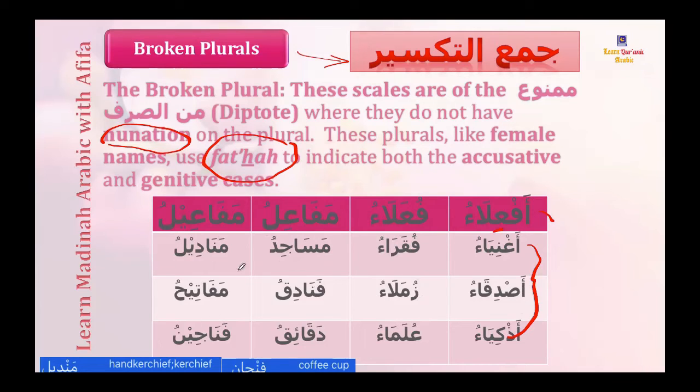And then these words follow this pattern. Mafa'ilu. It's the exact same one as this one, except it has a ya here. So again, this is a lot of patterns. You're not expected to memorize everything, just expected to kind of recognize them. Just that these are plurals. If you see these kind of words, you would begin to recognize that they are plurals, broken plurals.